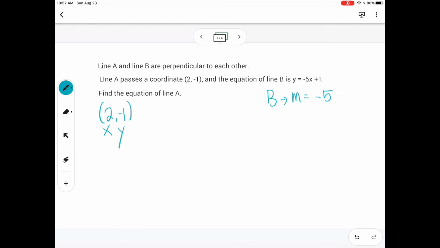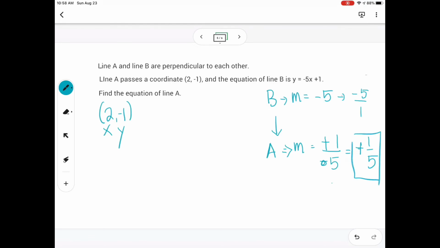Now, for A, because it's perpendicular, the slope will be the opposite, so it's going to be positive. And then we have to find the reciprocal, so we have to flip it, but there is no fraction. Just change this into a fraction: -5/1. So it's going to be positive 1/5. Yeah, so that's the slope for line A.